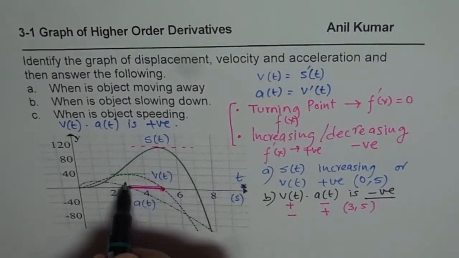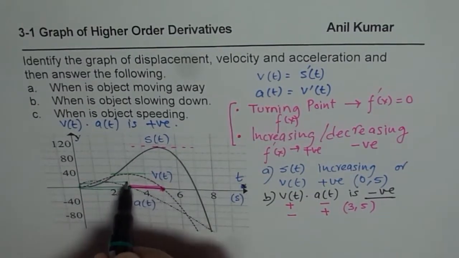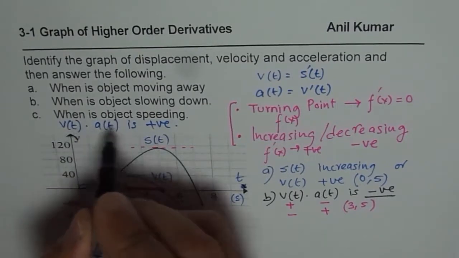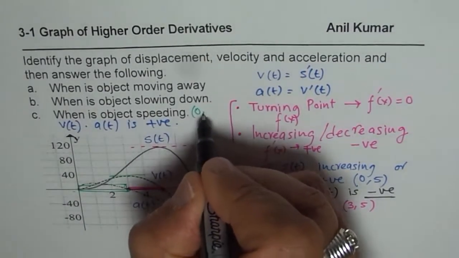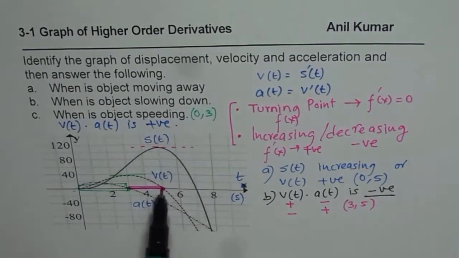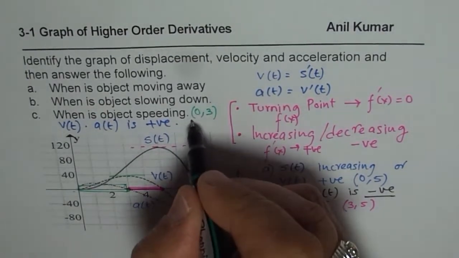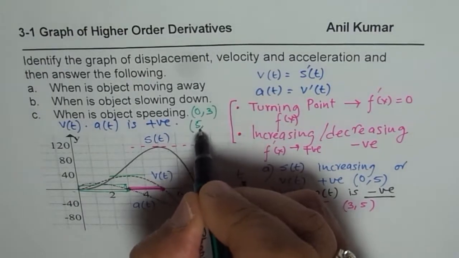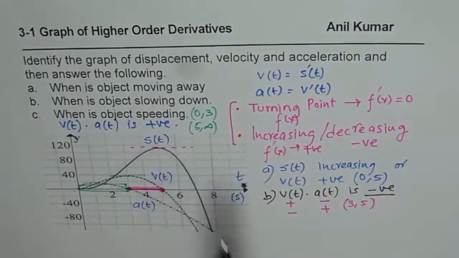Acceleration is positive from here to there, and during this portion both are positive. So it is speeding up from 0 to 3. And both are negative after 5. Do you see that? So it is speeding up after 5. That is how you can answer these questions.